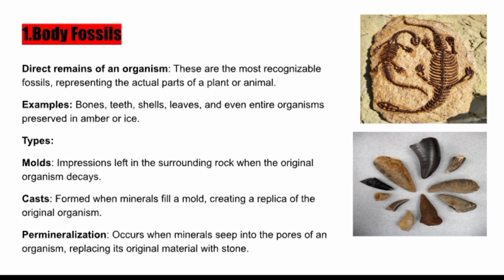So there are further types of body fossils. So mold, what is the meaning of mold? A mold is the impression left in the surrounding rock when the original organism decays. Consider that in the past, when an organism died, its body underwent a decaying procedure.